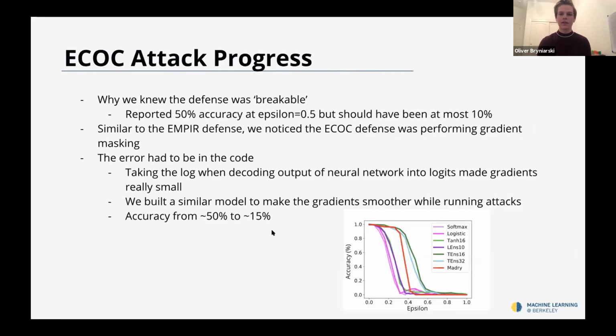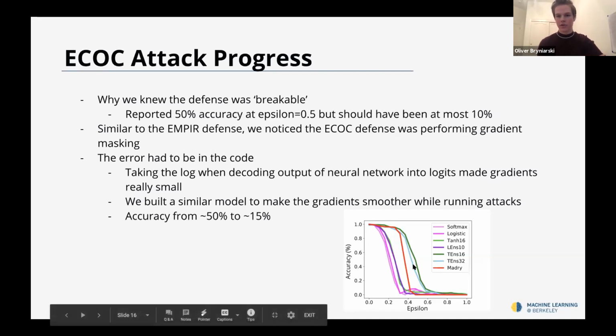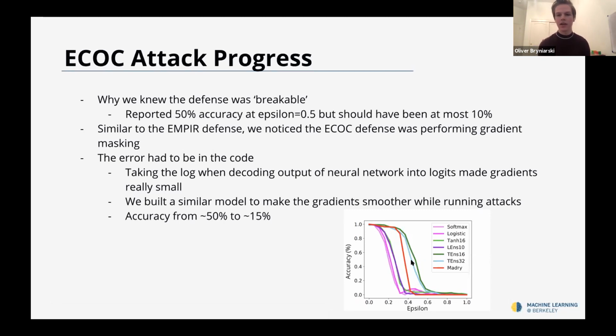And then finally, we were trying to attack this paper and show that it didn't really work as well as they claimed. And the reason that we knew that it wouldn't work as well as they claimed is because if you look at this graph here, the two outputs that are their state-of-the-art methods are the green and the light blue over here. And if you look at epsilon 0.5, they claim that their accuracy is around 40 to 50% for an epsilon value of 0.5, which is the bound for our perturbations.